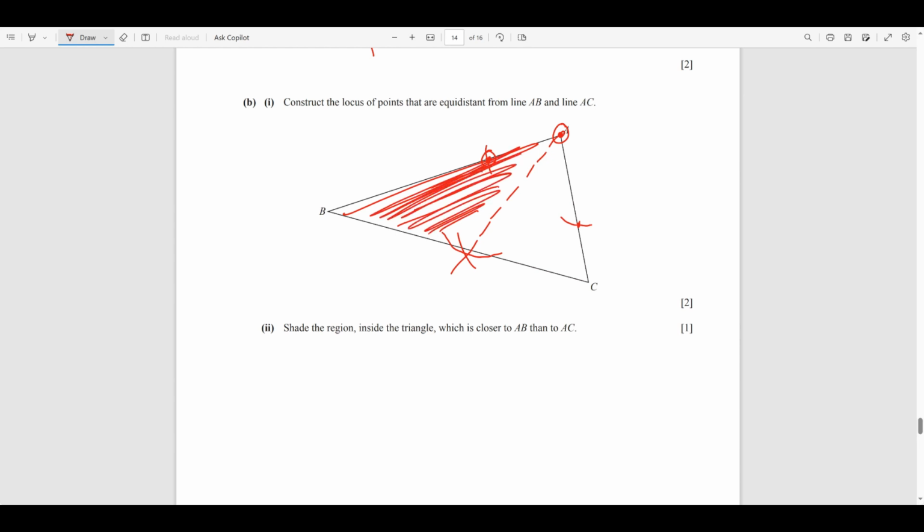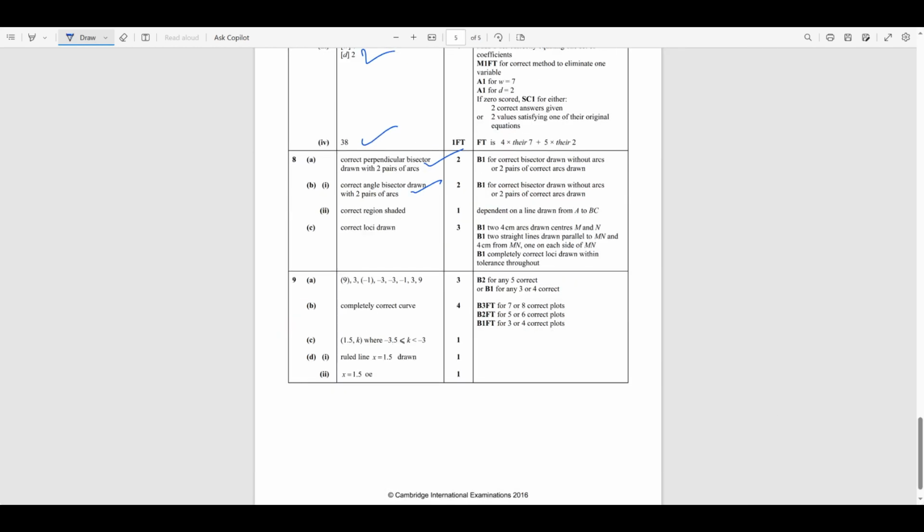Because AB is this line, all the points lying on this side of the angle bisector will be closer to the line AB. So we have marked it, correct region shaded, dependent on the line. Okay. So yeah, we're good.